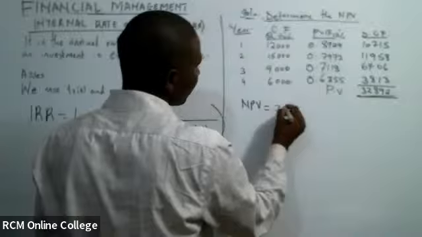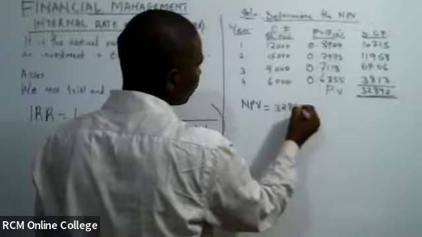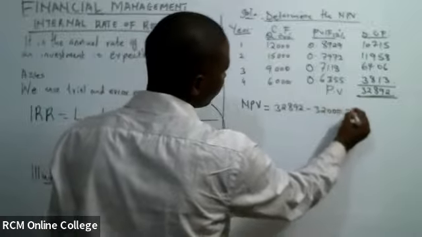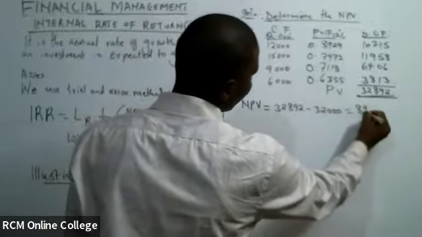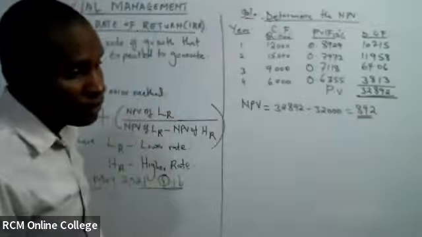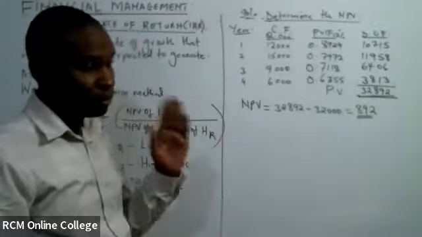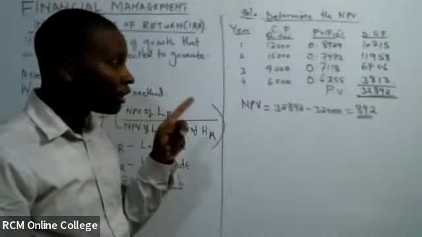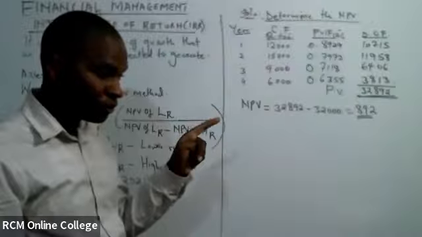It's given by 32,892 minus initial outlay of 32,000. What is our net present value? 892. Now, step 1, and we have gotten our NPV is a positive NPV.